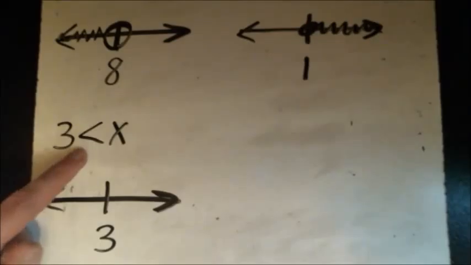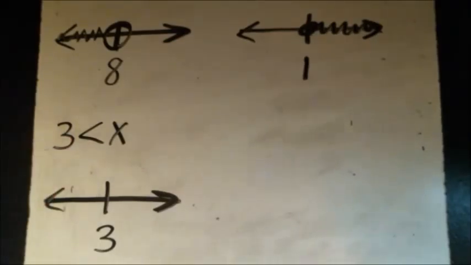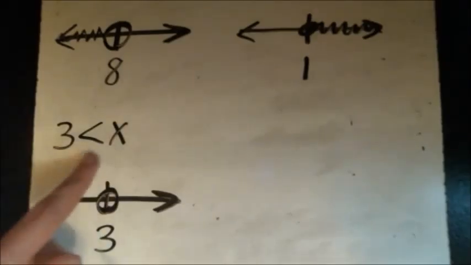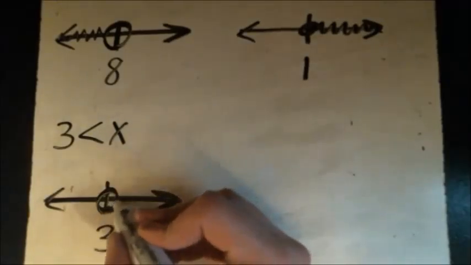Because there is no equal sign underneath here, it's just a less than sign, that means it's going to be an open circle. Now, what makes this one trickier is the x is on the other side. So this is saying 3 is less than my x, which actually means that x is greater than my 3. So that would mean, seeing that my variable is greater than my number, I want to shade to the right.